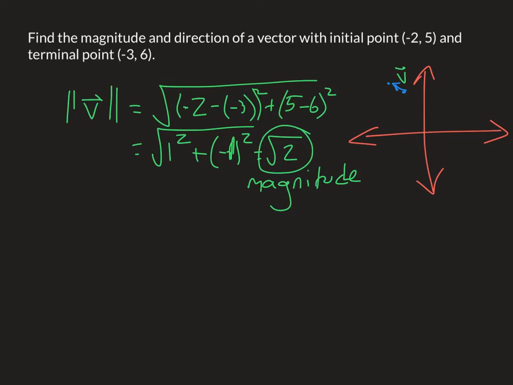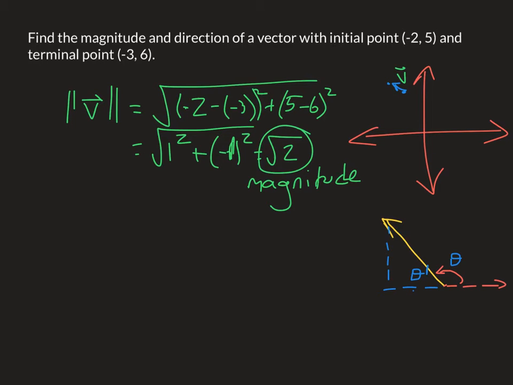Now the direction, let me draw this a little bit bigger. To find the direction, we draw our horizontal line out to the right, and we want to find this angle right here, angle theta. The best way to do that is to drop a vertical line and then continue a horizontal, and find this angle theta prime.